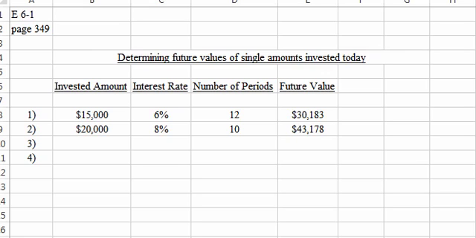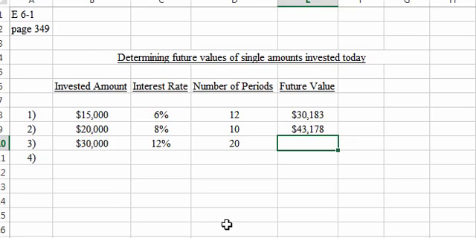Okay, next we'll go to number 3. Amount invested is $30,000. The interest rate is 12% for 20 periods. Okay, go back to our table on page P-1. We'll find the 12% interest rate. We'll come down to 20 periods.